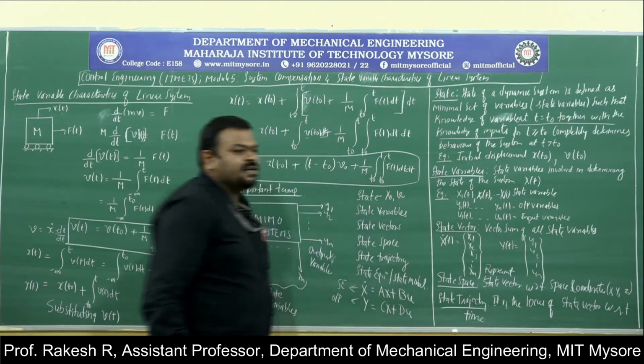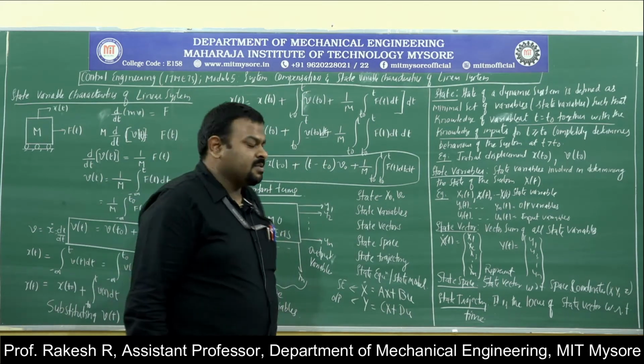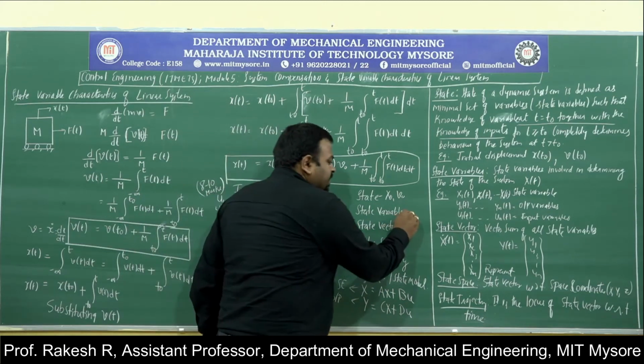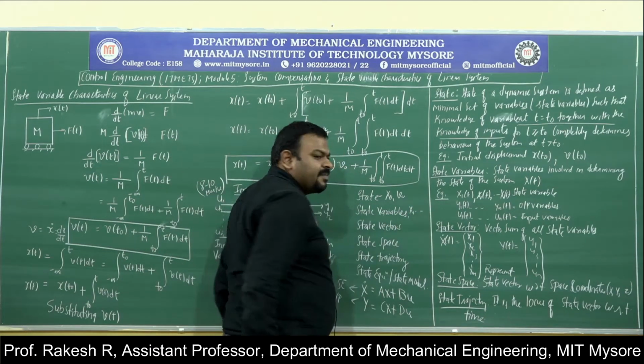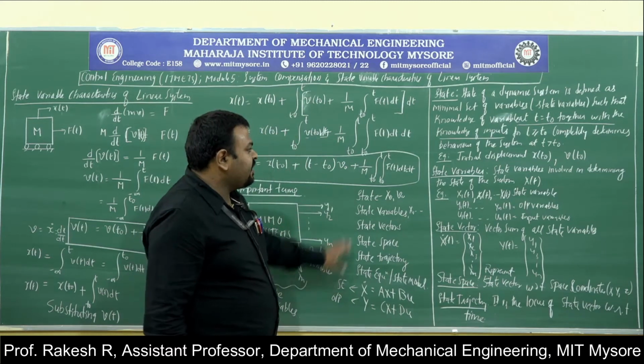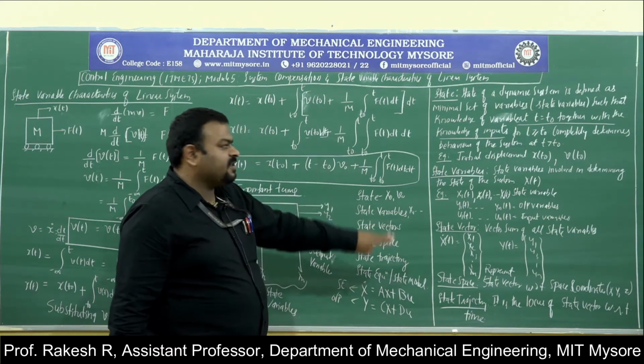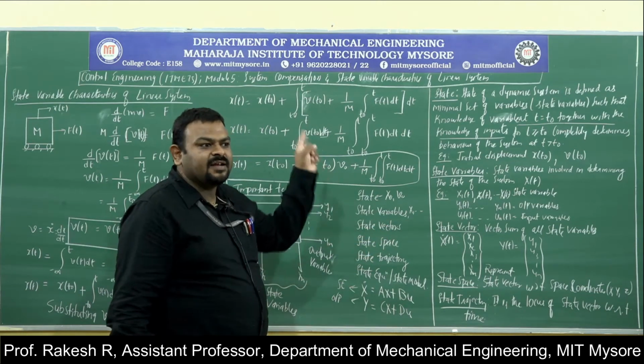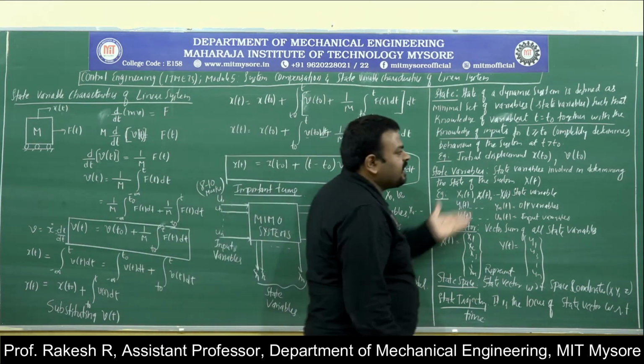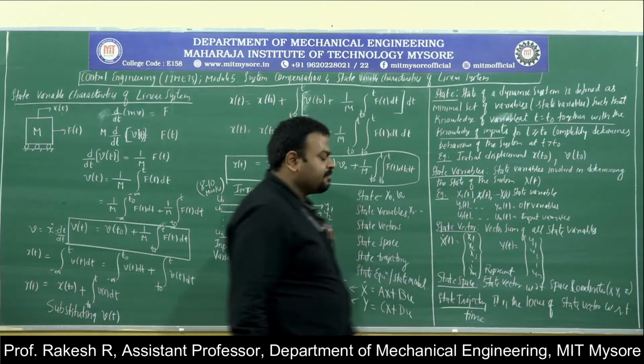They are nothing but the states. If I consider x1, x2, x3, they are nothing but state variables. State variables involve determining the states of the system x of t, for t greater than t naught.